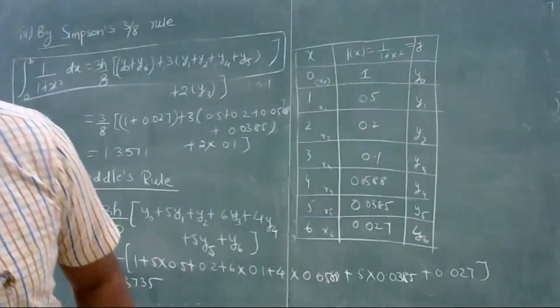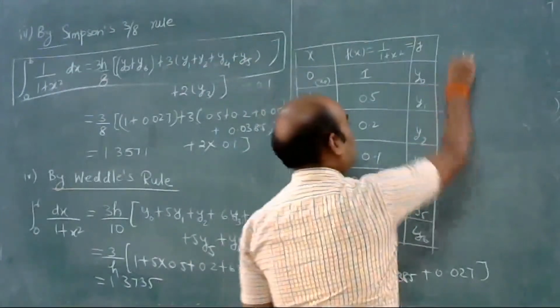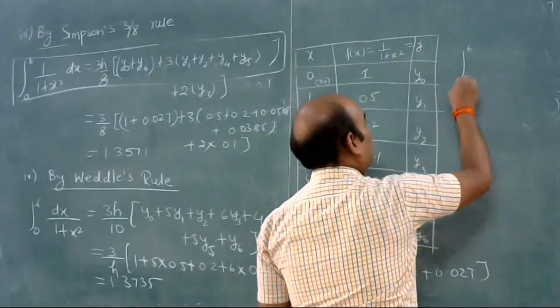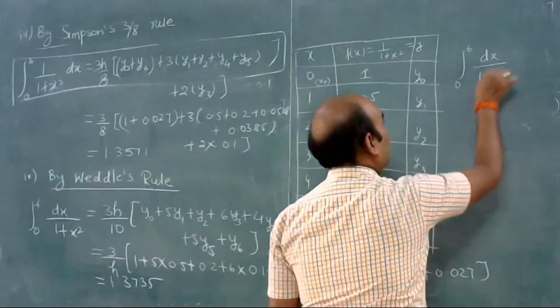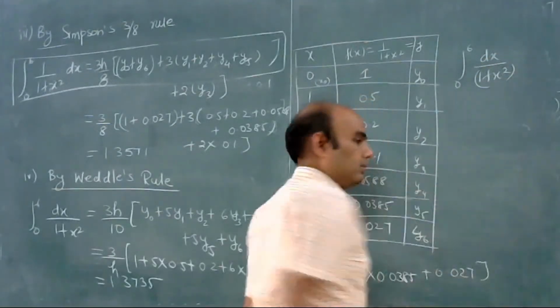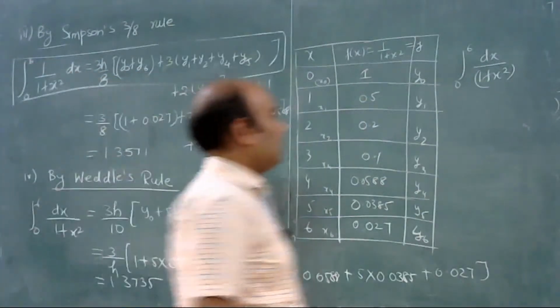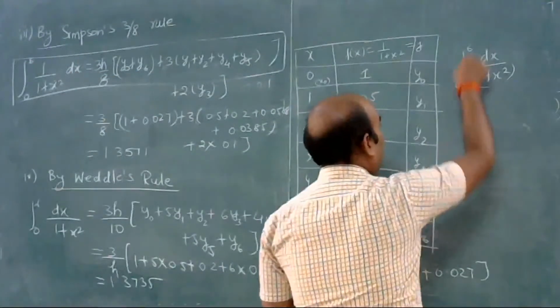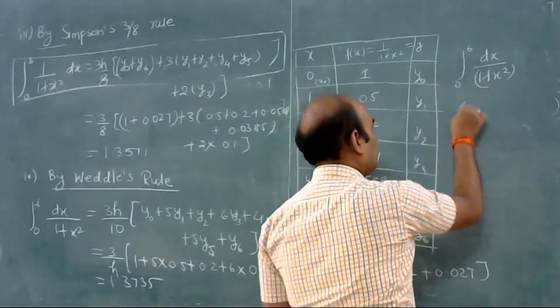So what we have done here: the question is given, so you have to evaluate the integration 0 to 6 of dx by 1 plus x square. Values of y are not given. So we have divided this integral 0 to 6 into 6 parts.